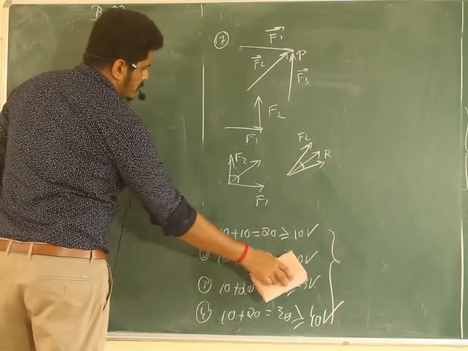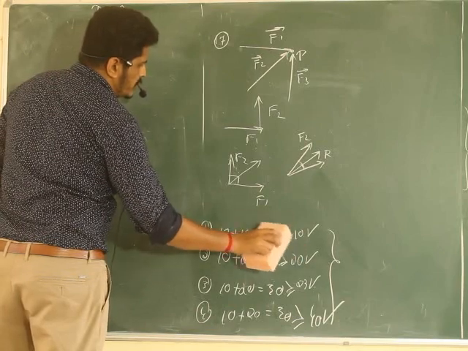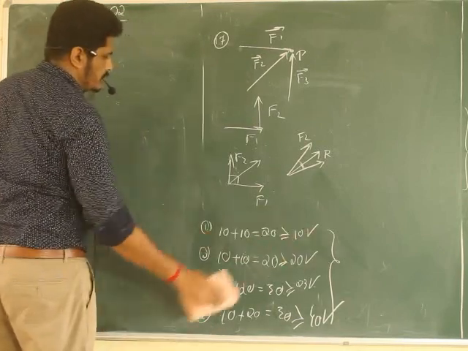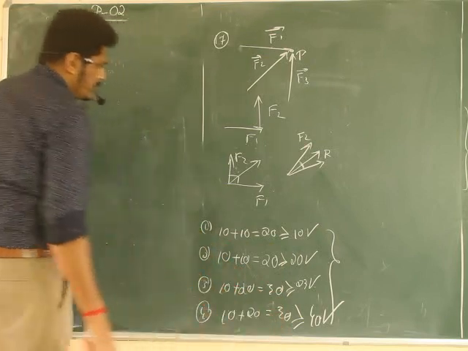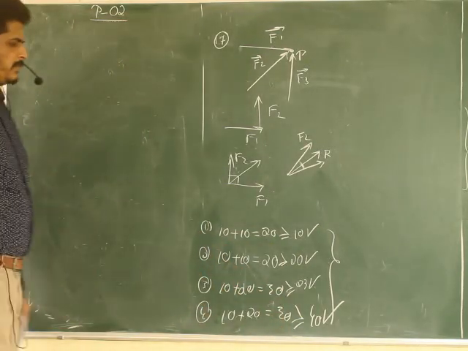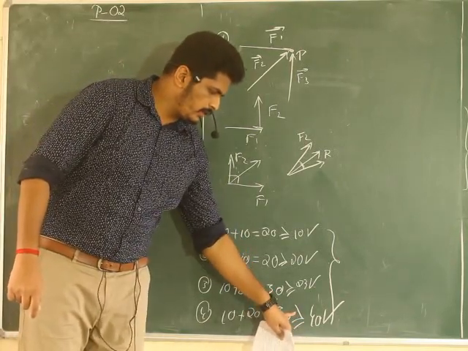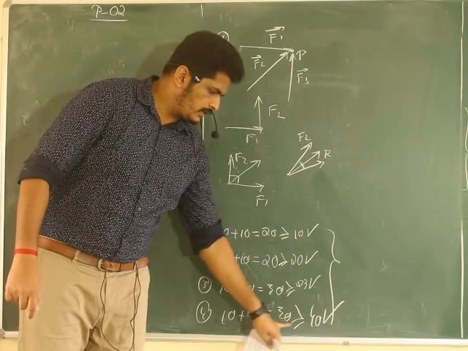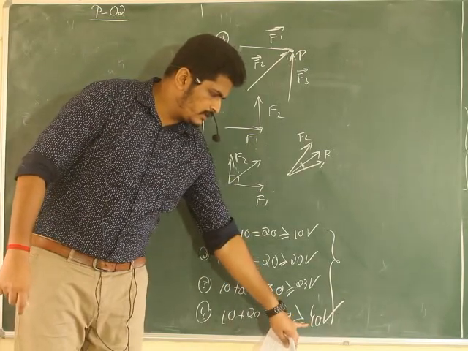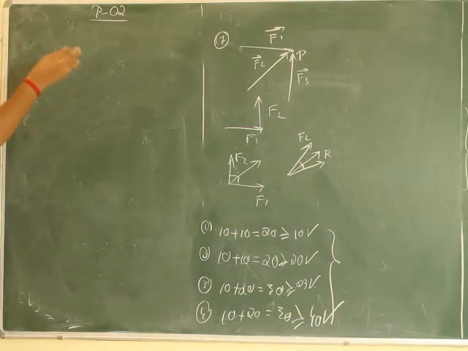The condition is that the sum should be greater than or equal to the third vector. Like that you check. The last one does not satisfy the condition, not greater than or equal to 30. That is why the resultant magnitude cannot be 0 in this case. In all other cases, it is possible. That is the explanation. Okay, fine then.